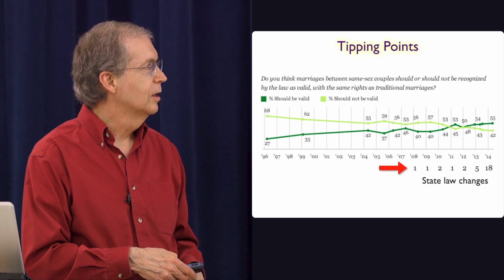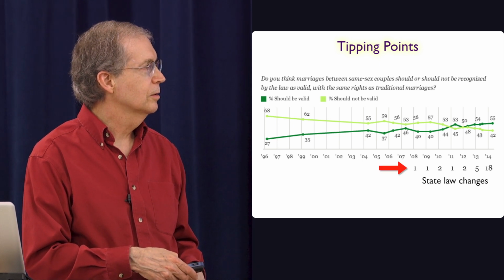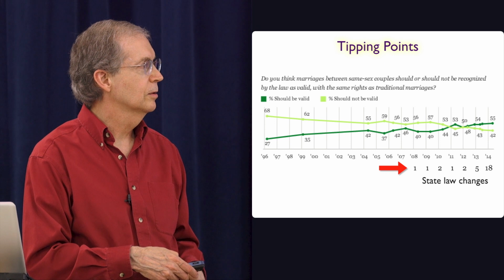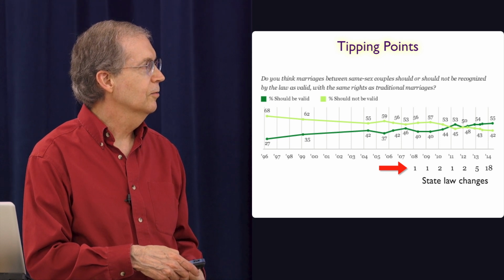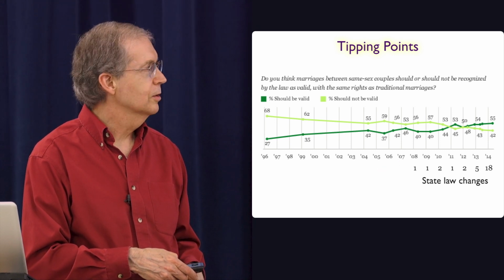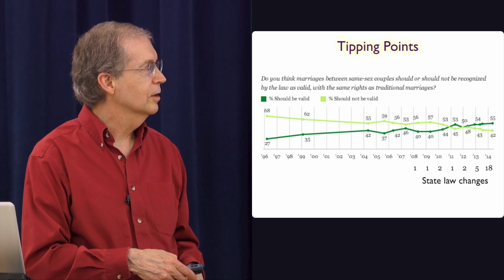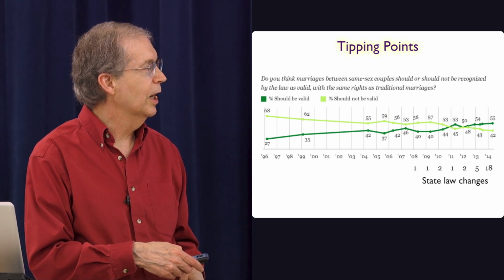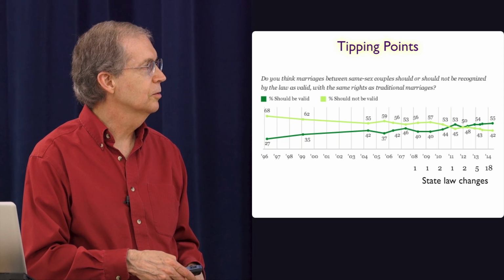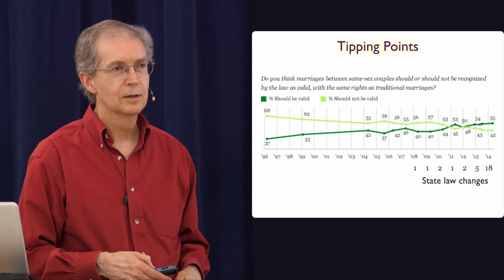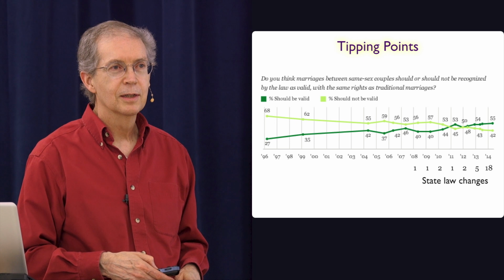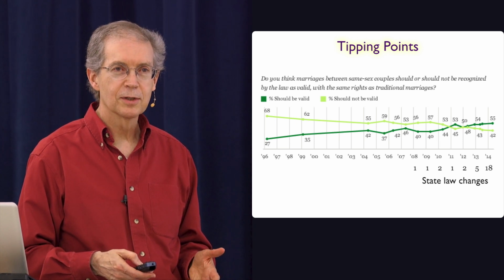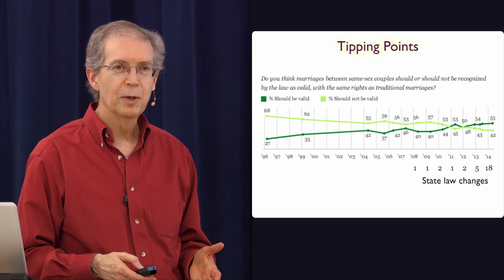Now down here are the number of US state law changes in the various different years. So there was one in 2008, one in 2009, etc. And then you get over here about where the crossover happens, and you get 2 and 5 and 18. Now, maybe this is just a coincidence, but maybe it isn't.